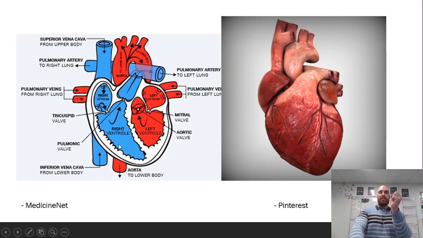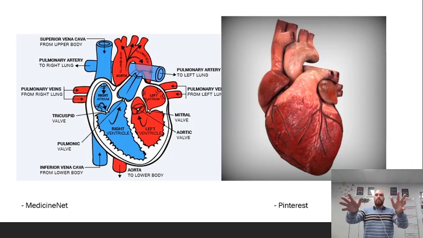So it takes it and it goes boom, and it sends it off into these particular arteries. Now these arteries send the blood to the lungs. So if you can imagine it there, I am the heart. I've done my first pump of deoxygenated blood. It's gone out to the lungs, and then it comes back.